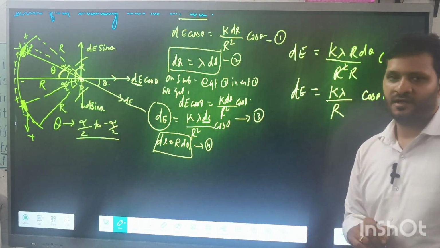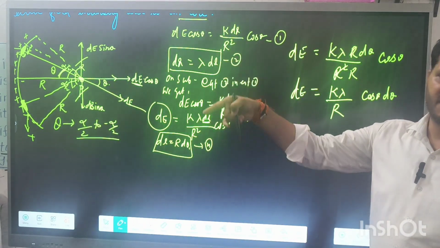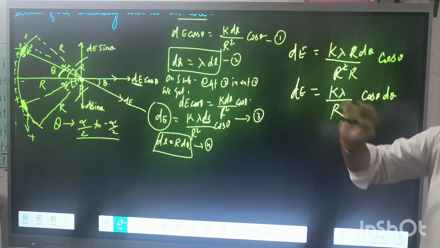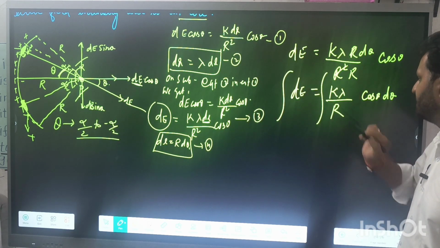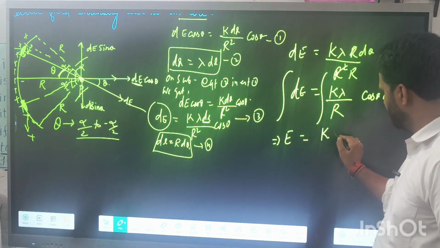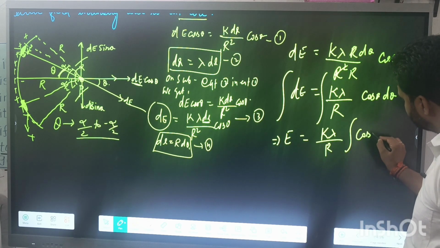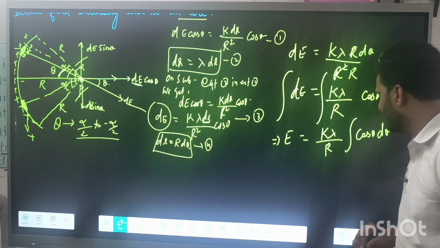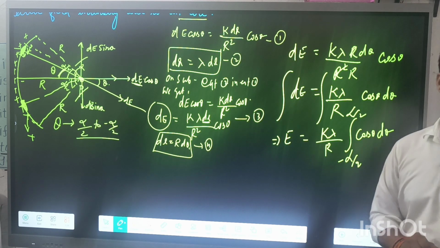Now if I substitute the integration here, we can calculate the total electric field intensity due to that arc. So we are taking integration on both sides. We get E equal to k lambda upon r integration of cos theta d theta. What is the limit? I have already stated the limit: you have to take alpha by 2 to minus alpha by 2.